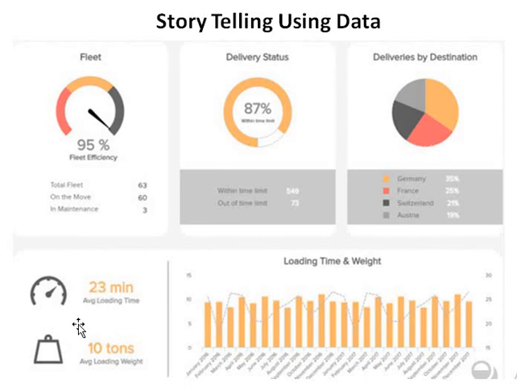And this is average loading time, how much time the commercial vehicles are taking to load. Average delivery time. Ten tons average loading weight. Loading time and weight, they have nicely drafted a graph. Right?